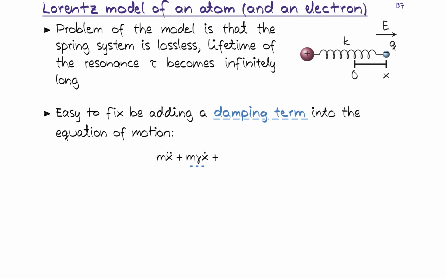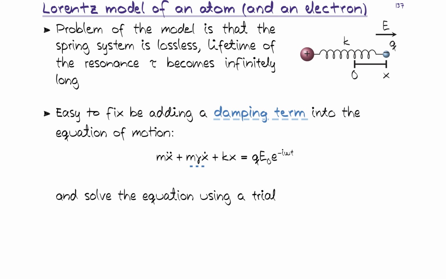Plus, we still have the Hooke's law term, the restoring force caused by the spring, a kx term, and then we have the driving field caused by the incident electromagnetic radiation. So we have now added a single damping term into the equation of motion, and we now want to solve the equation and see if the problem is solved.